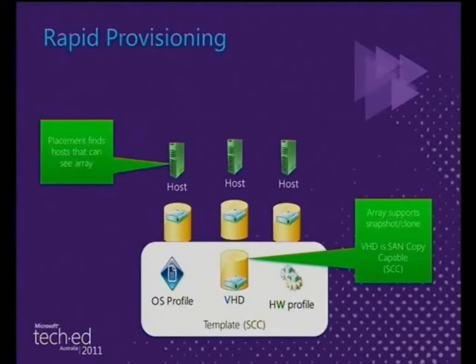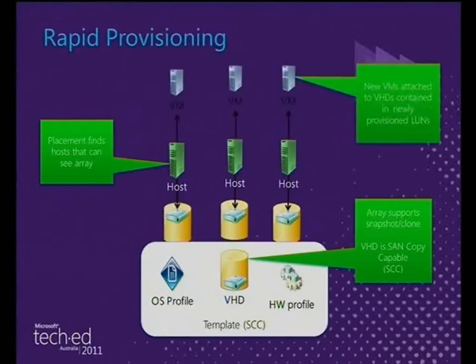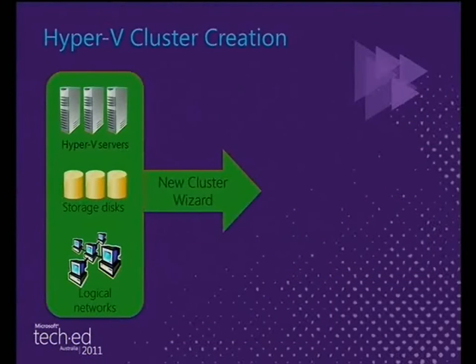Then I have the hardware profile, the VHD. Can you see that I put here VHD sync copy capable? If you create a VM and you say this, and you need another VM, System Center will create the LAN for you. Remember, same size as your template.